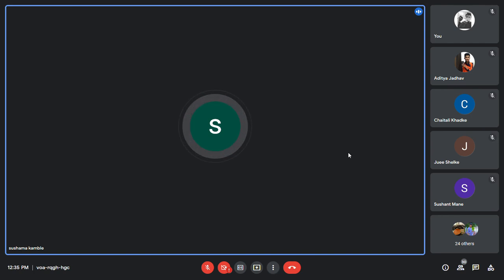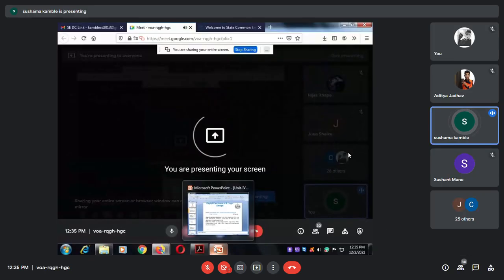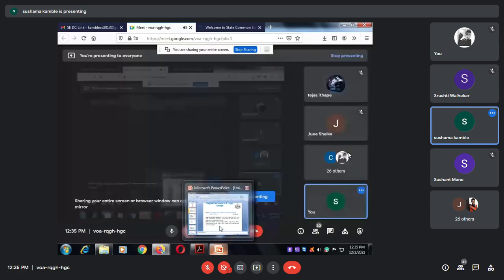I will share the PPTs. ENTC students, units 5 and 6 are going to be covered in the fourth unit of the computers department. You have a separate unit based on the PLDs also. Is it visible?